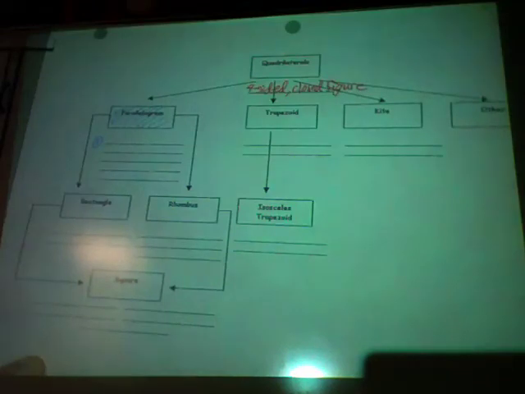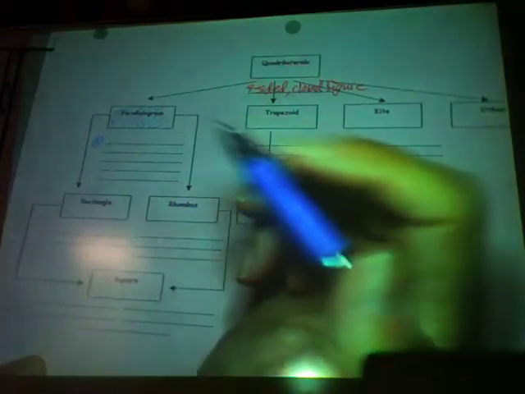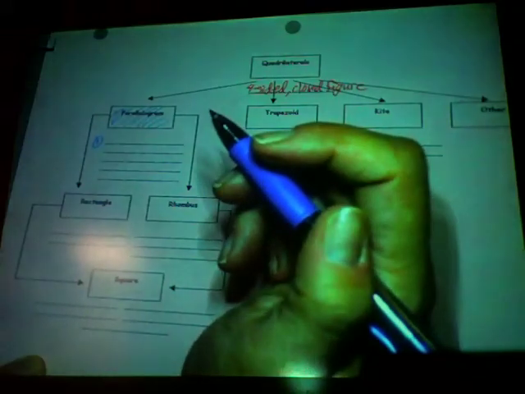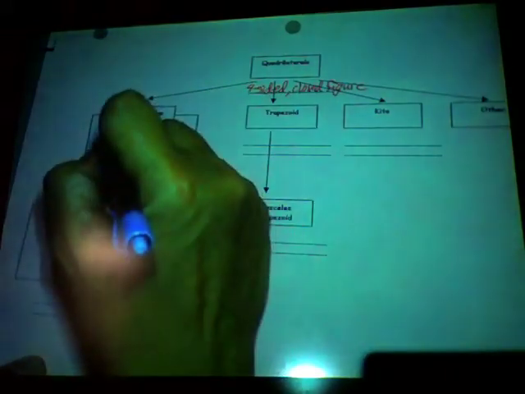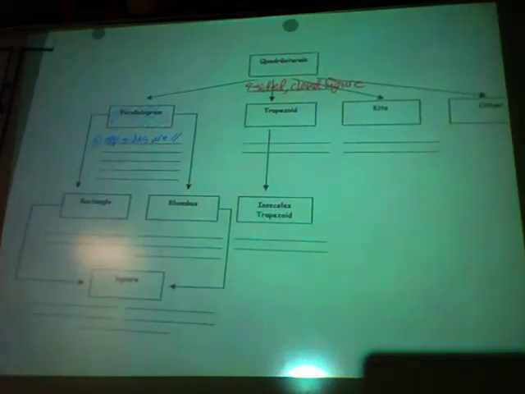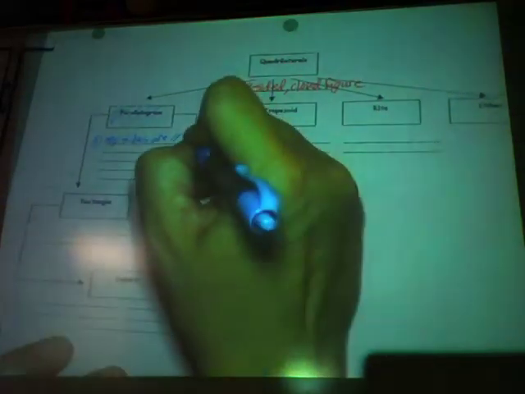First characteristic, what did we say? Very first thing, what was the definition? Yeah, opposite sides are parallel, right? And you might want to put in here that this is the definition.